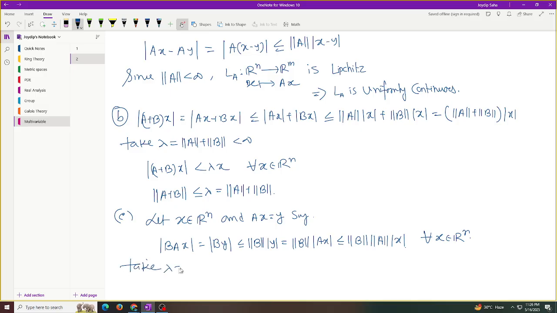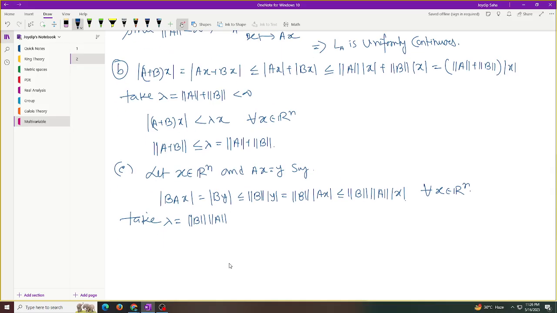Take lambda equal to norm B norm A. Then proved.